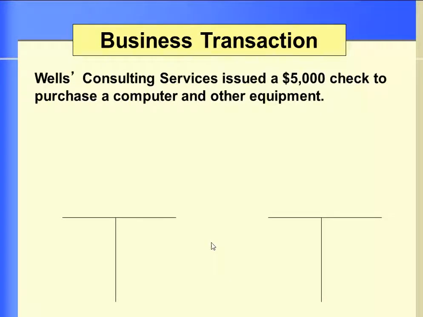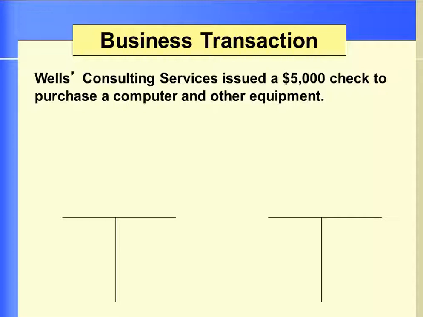So the company issued a $5,000 check to purchase computer equipment. Let's think about this. We're giving up an asset, we're decreasing an asset, which is cash by $5,000, and we're increasing another asset by that same amount. So the accounting equation is going to still be in effect.